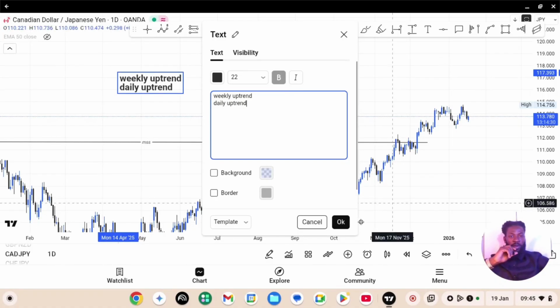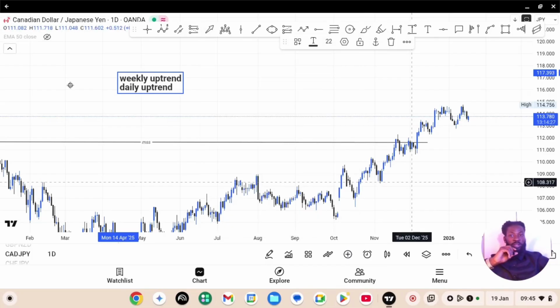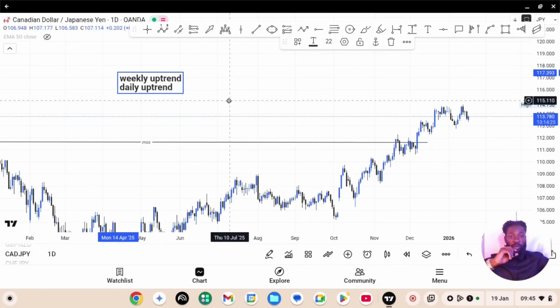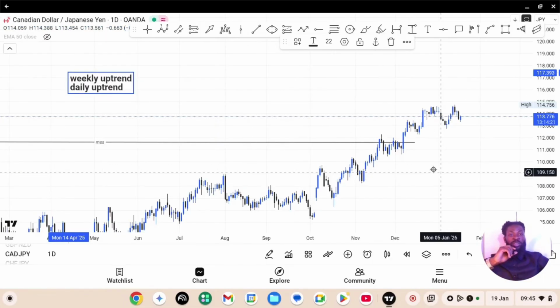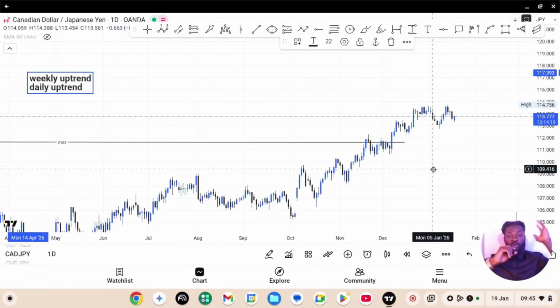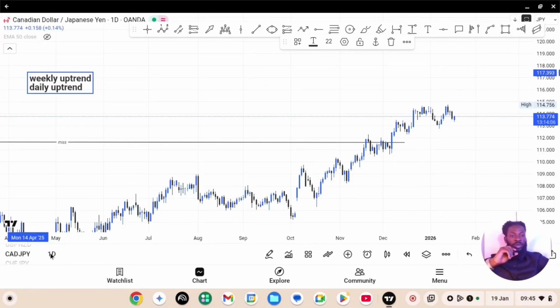Okay, now we have seen the weekly is an uptrend, the daily also is an uptrend. So like I said before, where the bigger time frame is showing you a direction, it's always advisable to go down to the lower time frame to look for an opportunity that aligns with the direction of the market. Okay, so now let's go down to the 4 hours time frame.